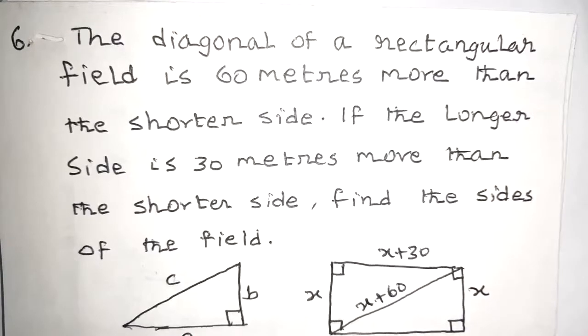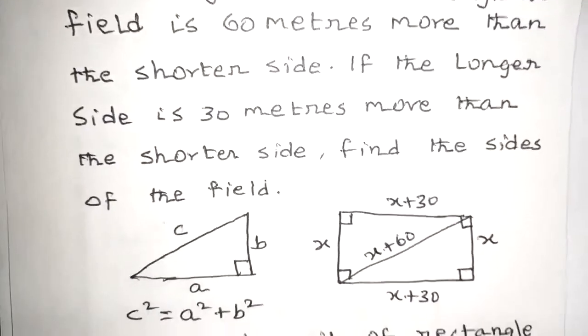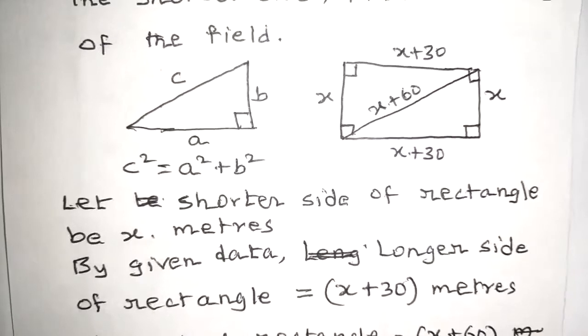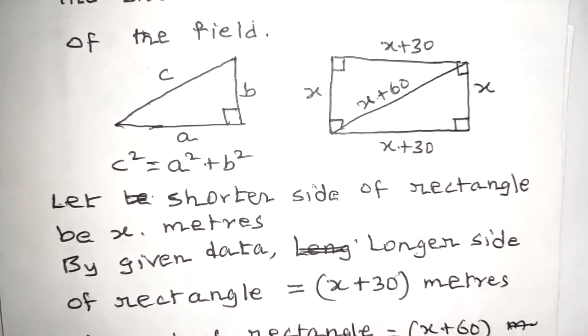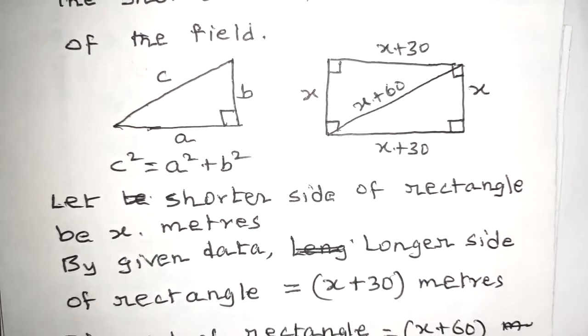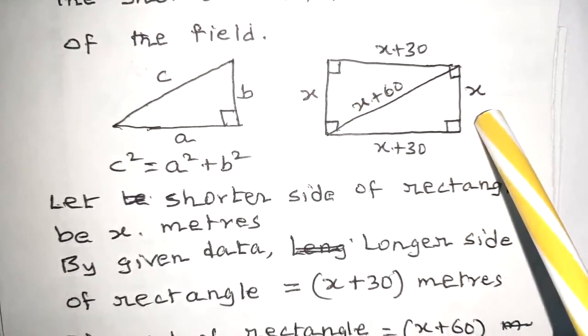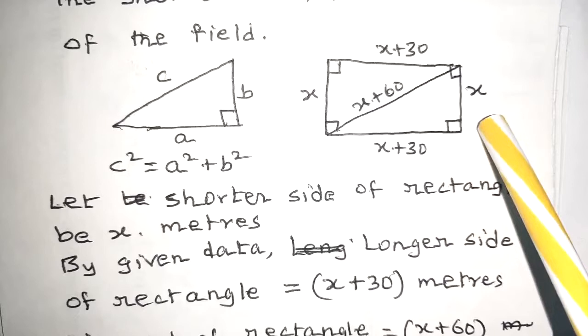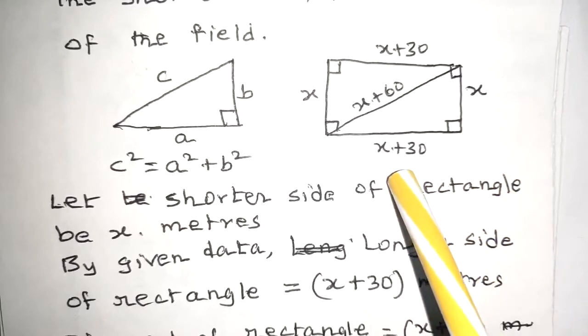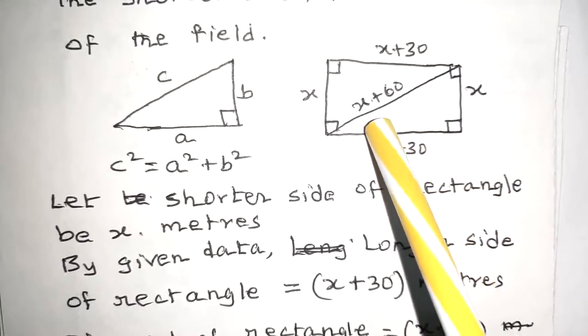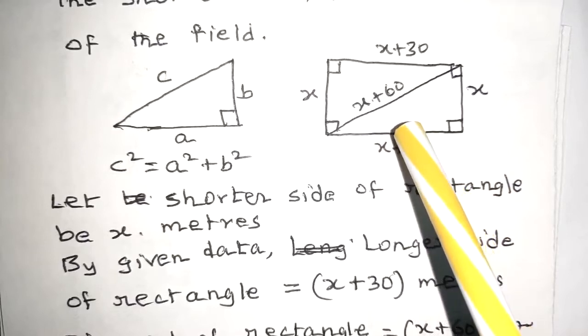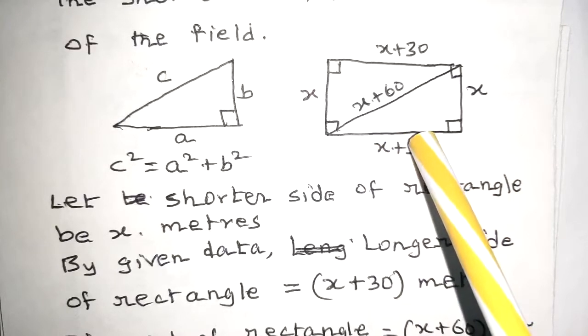Now, we note down the diagram. This is the rectangular field. Shorter side is taken as x. Longer side becomes x plus 30 and diagonal becomes x plus 60. This is by the given data.